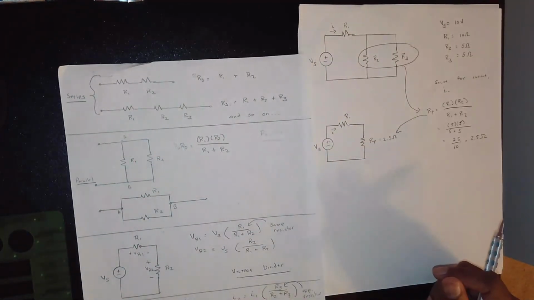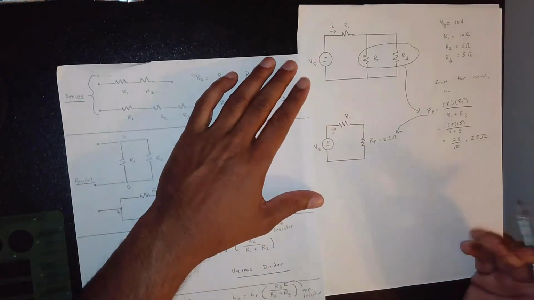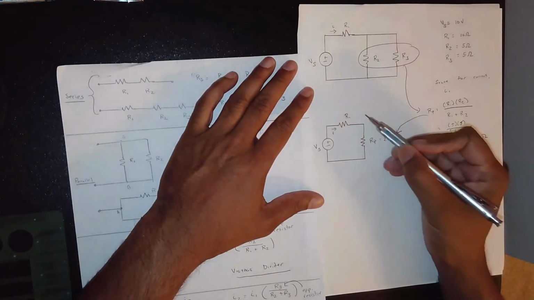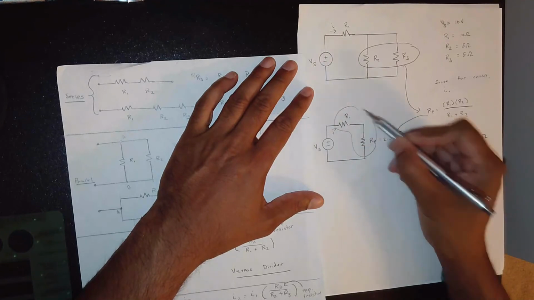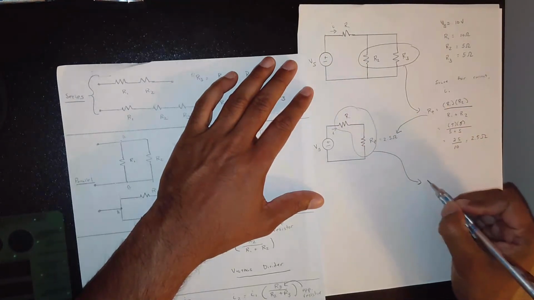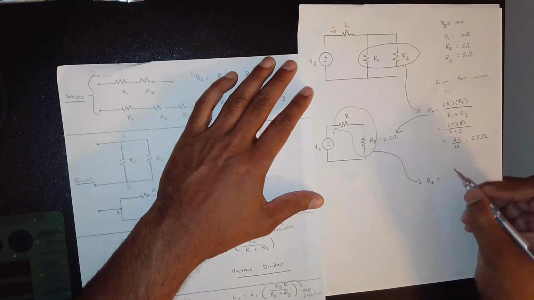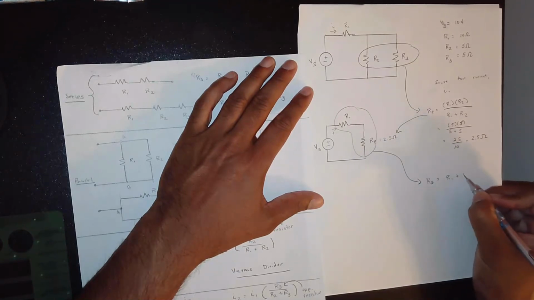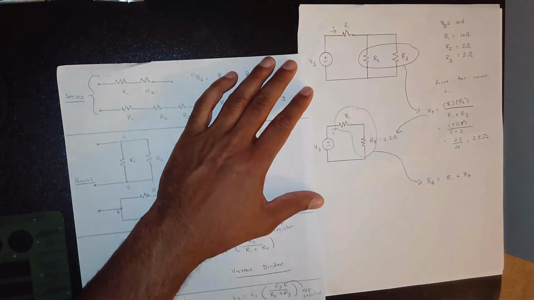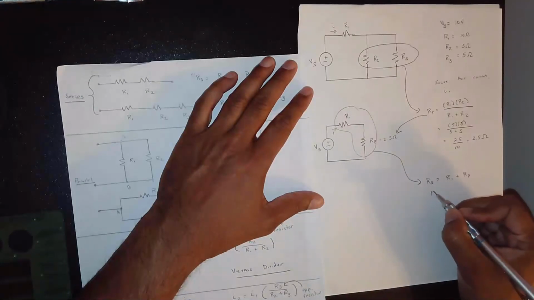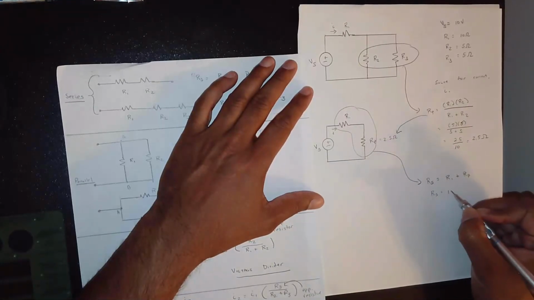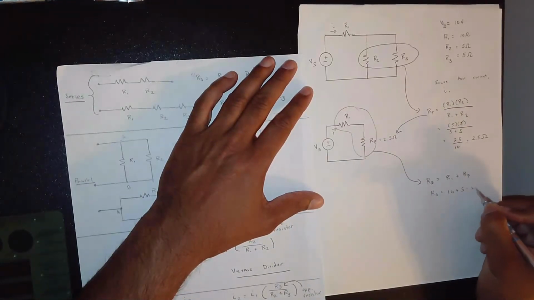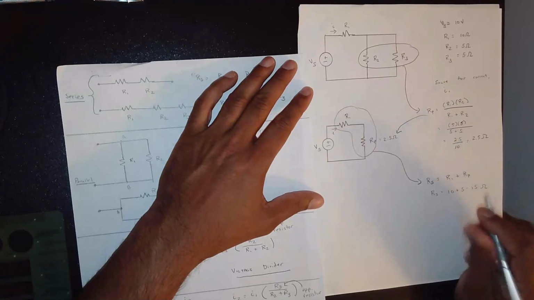If these things are in a row, considering a series is something in a row, then we simply add them. So we take this value here and say R series is equal to R1 plus RP. So RS, 10 plus 5 is 15 ohms.